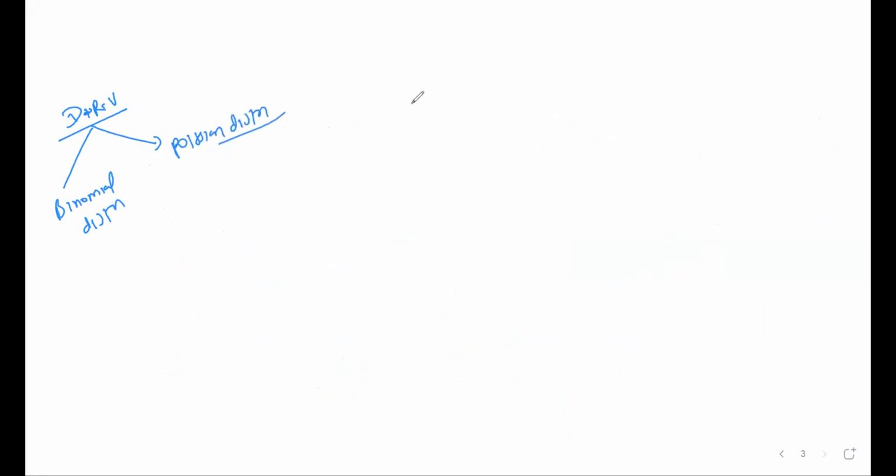Let me first explain the binomial distribution. The binomial distribution is applied when the number of trials is more than once, like up to 10 trials. If the observations are small and the probability of success is high, we can apply the binomial distribution.